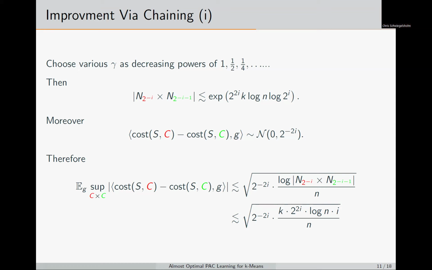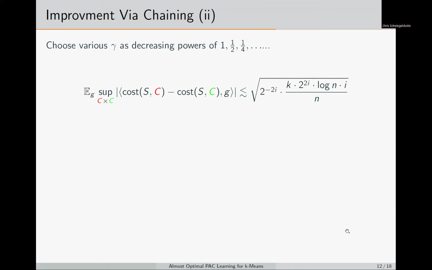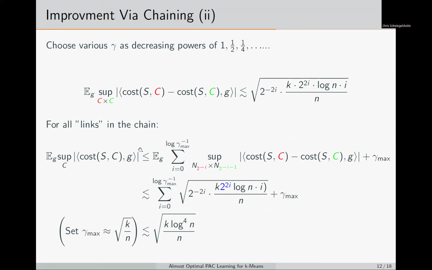Okay, so now we apply this idea for all possible increments. When applying this idea for all possible increments, for all links in the chain, if you will, you're going to sum up these differences for all values of i. And then we end up at this sum over here, which is the sum of i equals 0 up to some highest degree of accuracy, square root of 2 to the minus 2i times k times 2 to the 2i log n times i over n.